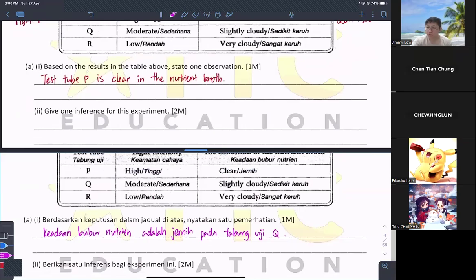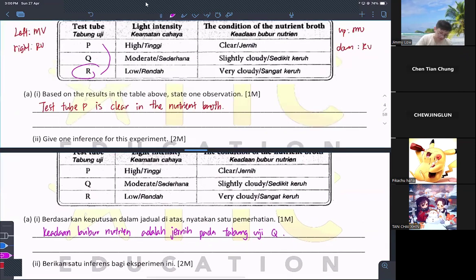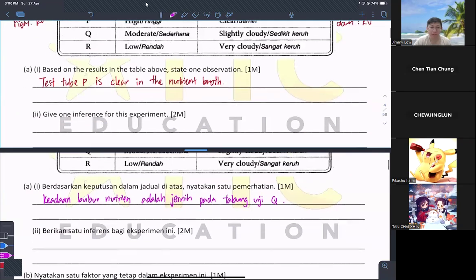So you say what? Nutrient broth in test tube R is cloudier than test tube P. Yep, this one also can. If you do a comparison like, oh, this one is more cloudy than this one, also can. As I said, just write down whatever you can see from the table.